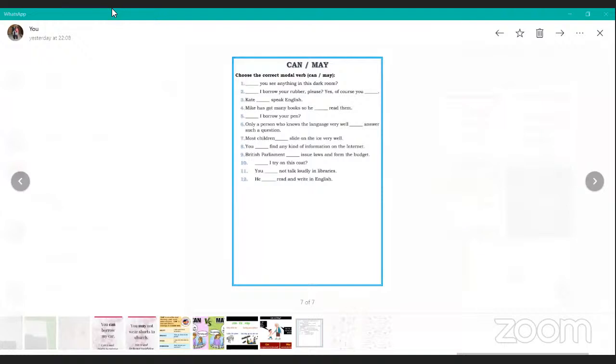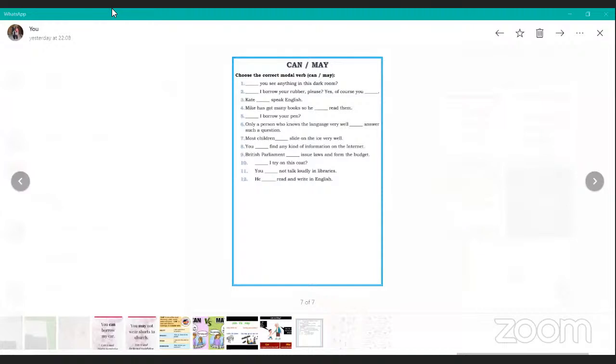Number 12. You can read and write in English. Okay, I think you have got the answers correctly and you have got the idea correctly.